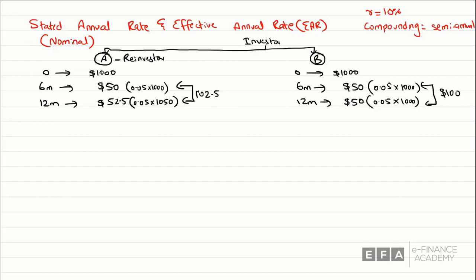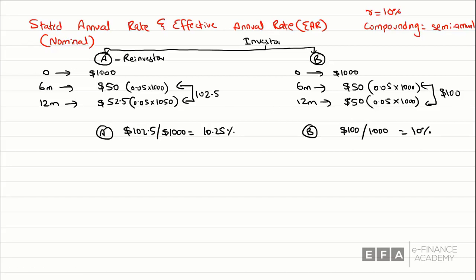If I convert the return in terms of percentage, investor A is earning 102.5 on $1,000. If we invest that, that's 10.25%. This is for investor A, while investor B is earning $100 on an investment of 1,000, that's 10%.